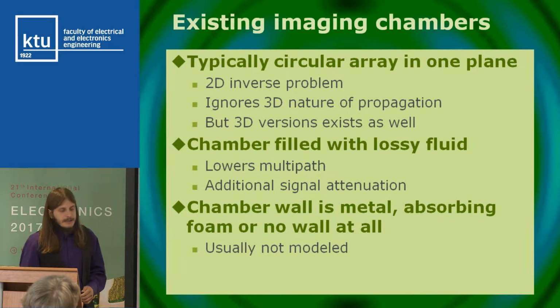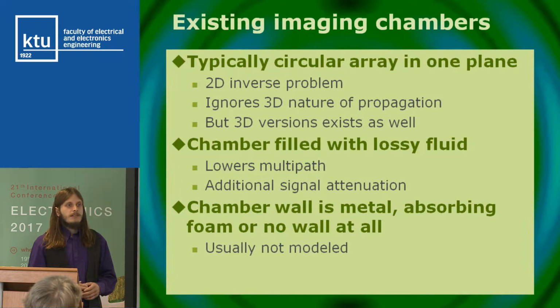Also, in most cases chambers are filled with some matching lossy fluid. It is used to match the impedance between the antennas and the object under imaging, and it also lowers the multipath which occurs in the chamber.